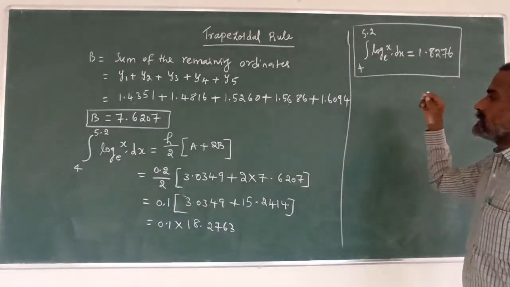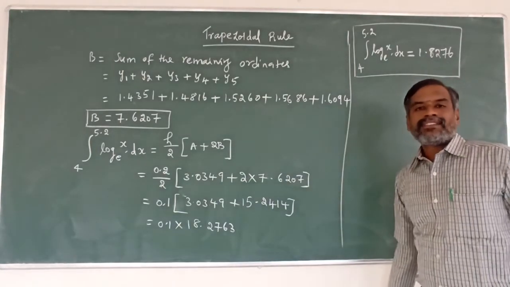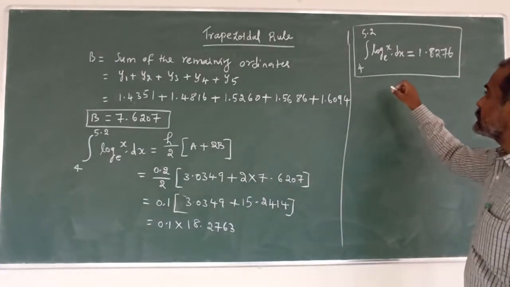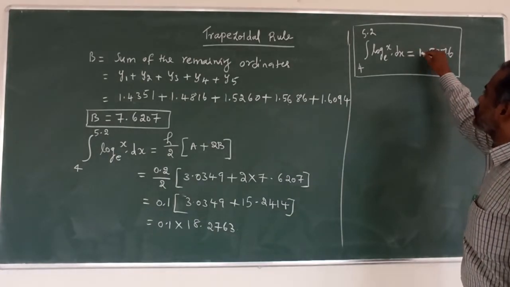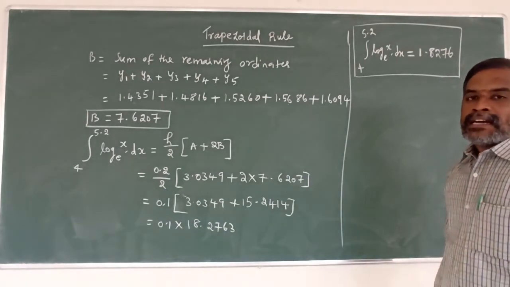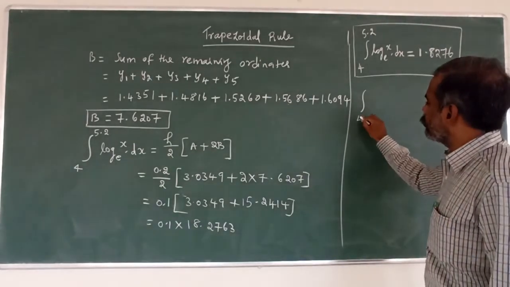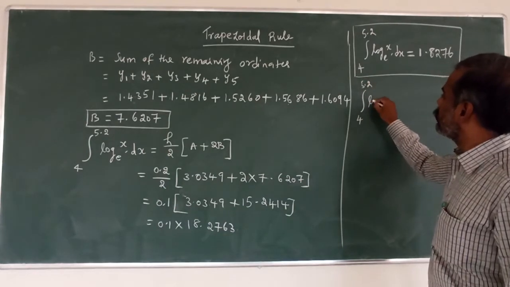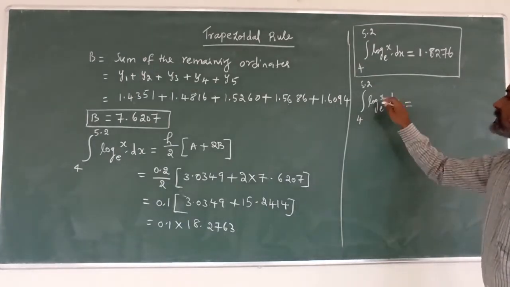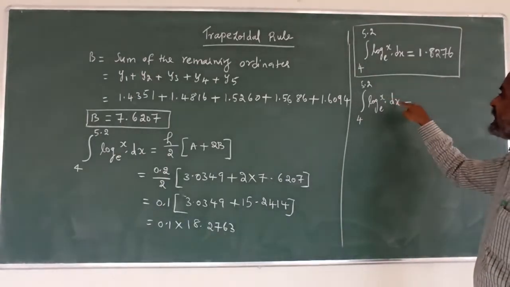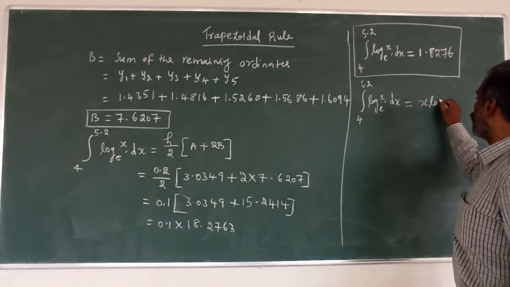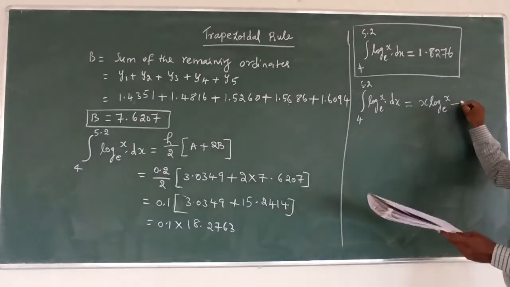Now to compare with the exact integration result and the numerical integration result. Integration from 4 to 5.2 of log e x dx. Integrating with respect to x, we get x log e x minus x.